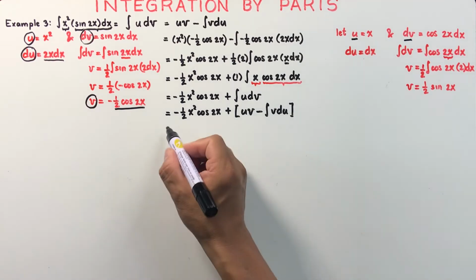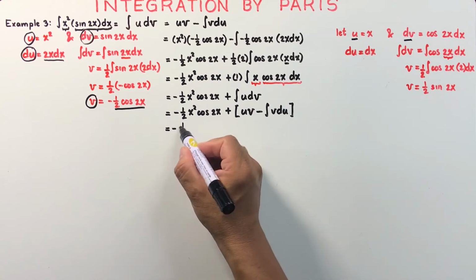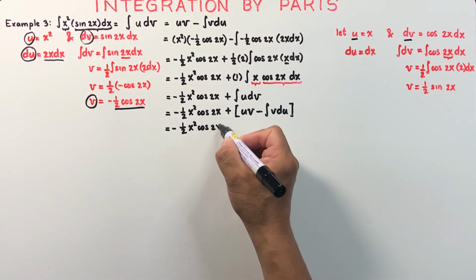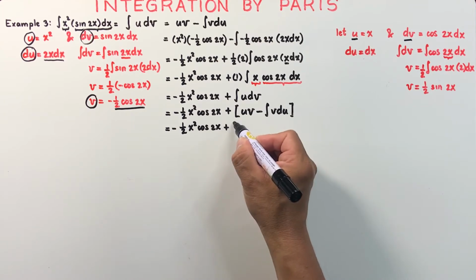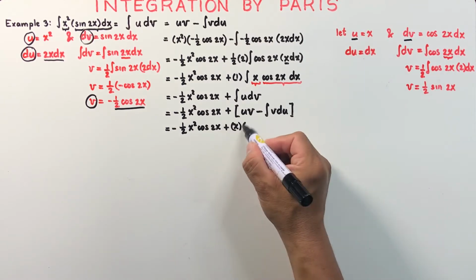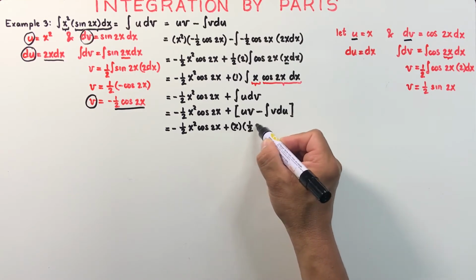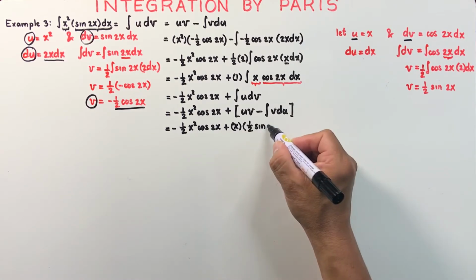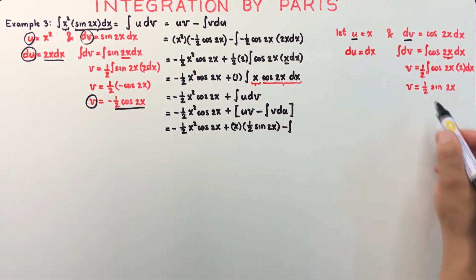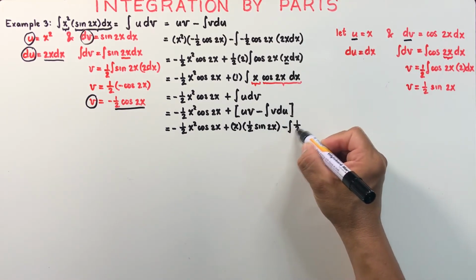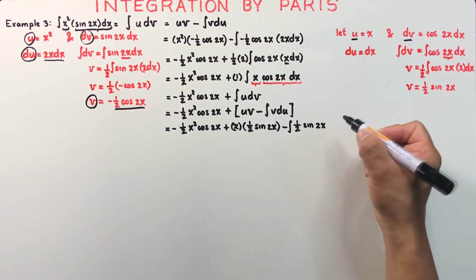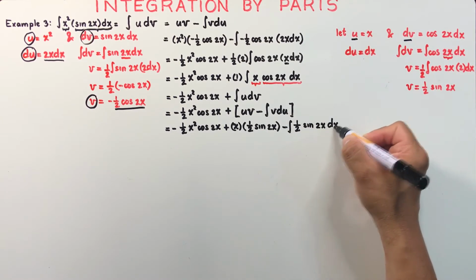So we have negative 1/2 x squared times cosine 2x plus the product of our u, which is x, times the v, which is 1/2 of sine 2x, minus the integral of our v, which is 1/2 of sine 2x, times du, which is dx.